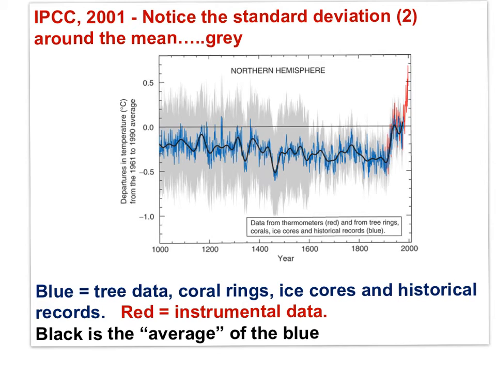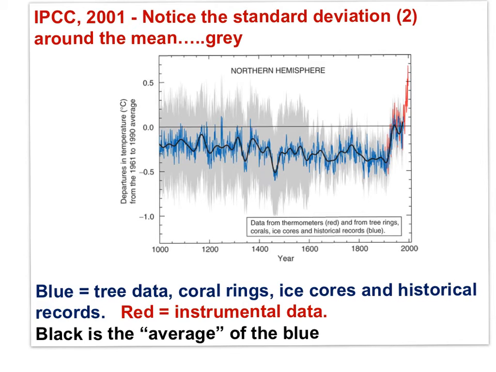Smart statisticians average the various forms of indirect data to produce the black curve that you can see running here. This is a way to understand past temperatures. Now, out here to the right, we see in red, this is instrumental data, thermometer data, and it's attached at the end, but you can see how the temperature is rising. In gray is the standard deviation of the data.